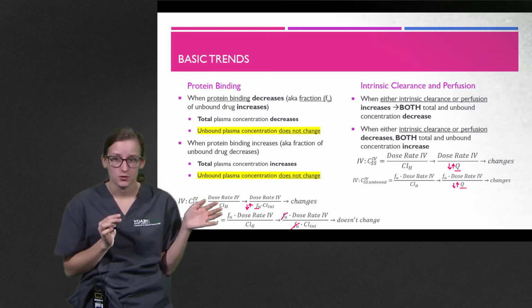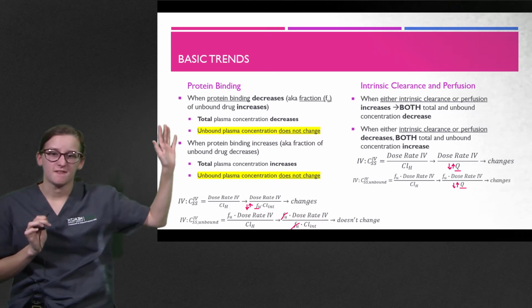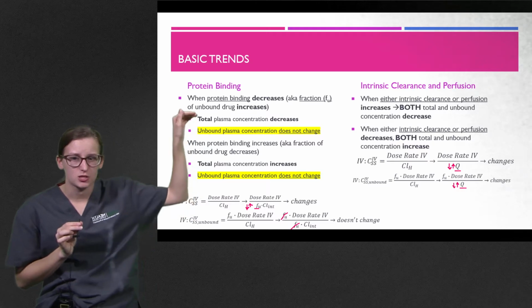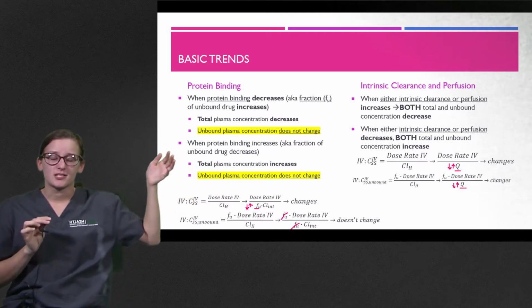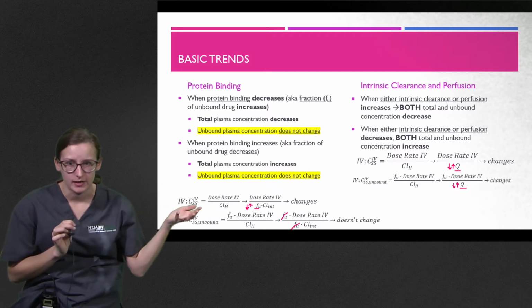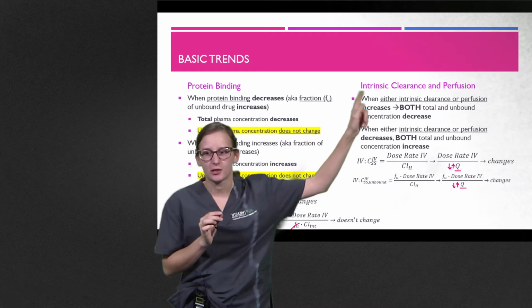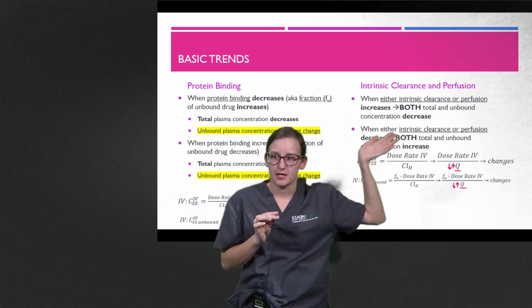So long story short, if the fraction unbound changes, the unbound concentration doesn't change, but the total will change. That's because if the fraction increases or decreases, that changes how much of that free drug gets eliminated. Now, for intrinsic clearance and perfusion, although it's low extraction and high extraction, they do similar things.